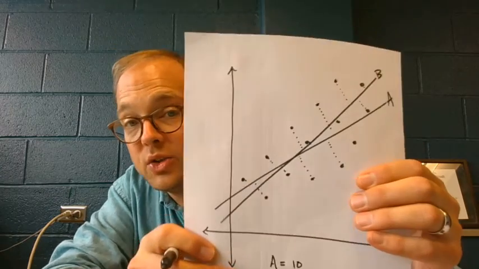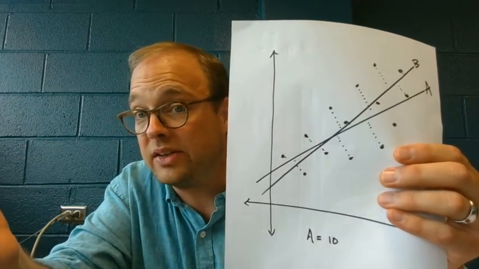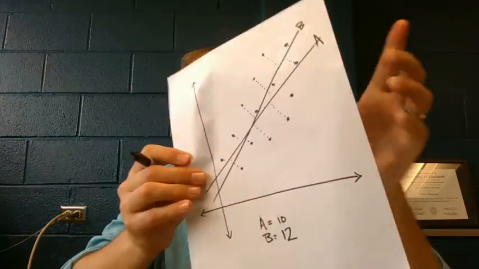Well, in order to find out, we need to take each case and measure each case's distance from the line. Those are the line's residuals. Square those residuals, add those squared residuals together. That would give us a number, right? Let's assume that the summed squared residuals for line B is actually 12.